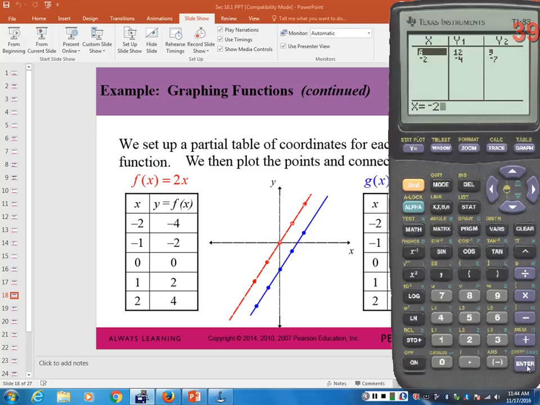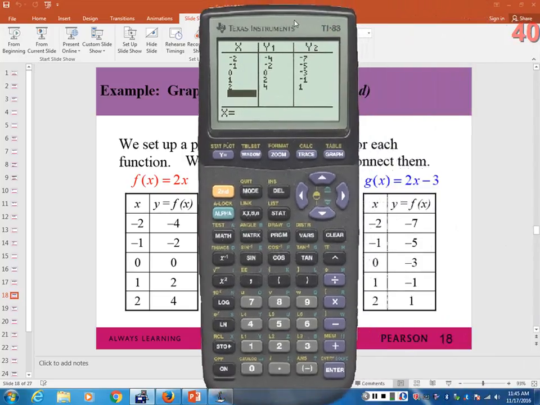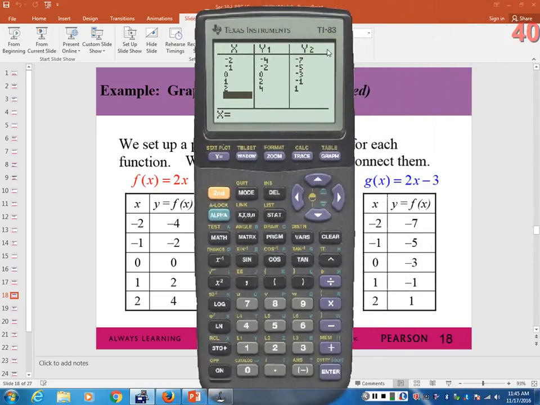Negative 2, negative 1, 0, 1, 2. And notice that I built both tables at one time by doing it that way. So the calculator will be a handy little helper if you learn how to use it efficiently. Okay? So you can build your tables of values.